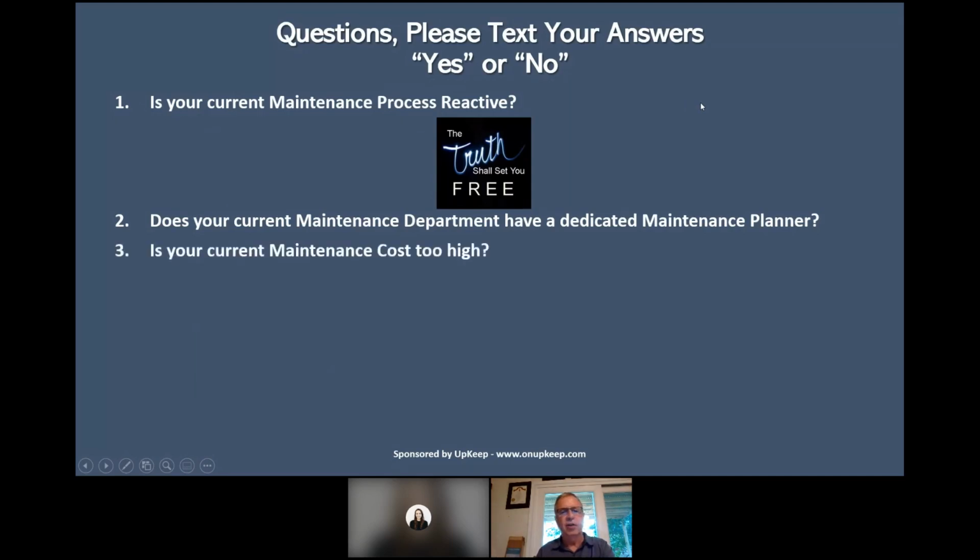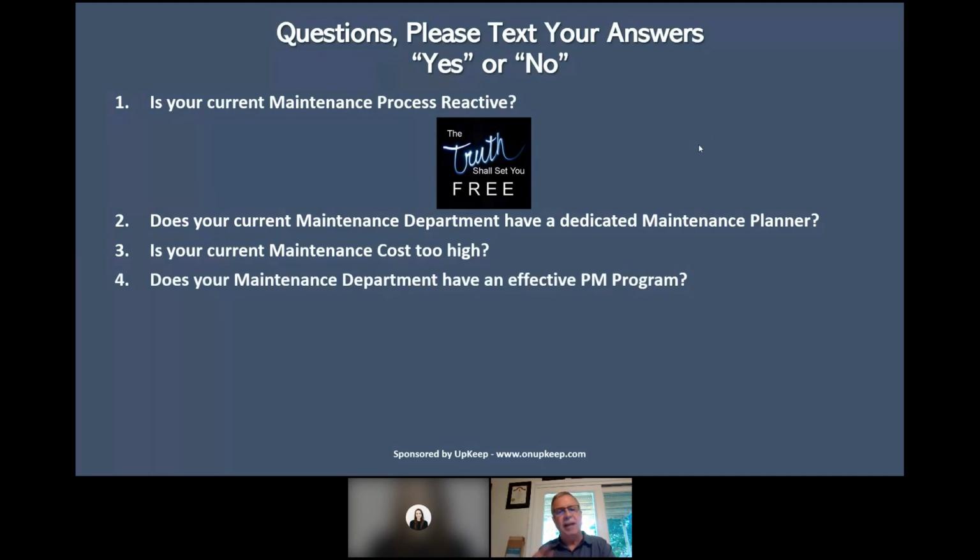Okay. Is your current maintenance cost too high? Yes or no? Or if you don't know, then just don't answer. Yes. Okay, good. That's what I expected. Does your maintenance department have an effective PM program?